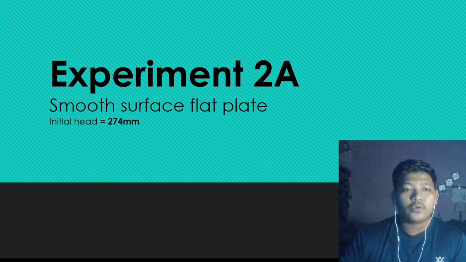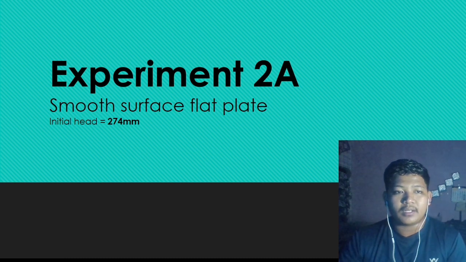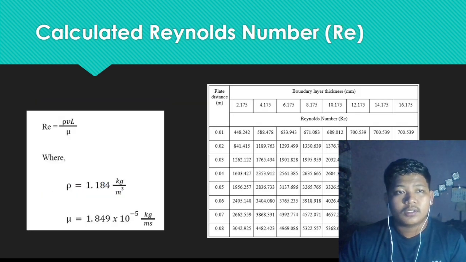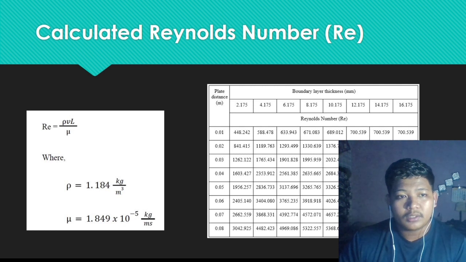So, experiment 2A, smooth surface flat plate. The initial head given is 274 mm. Calculated velocity, formula the same, V equals square root of 2gh. This is the data we got for the calculated velocity, and then calculated Reynolds number.